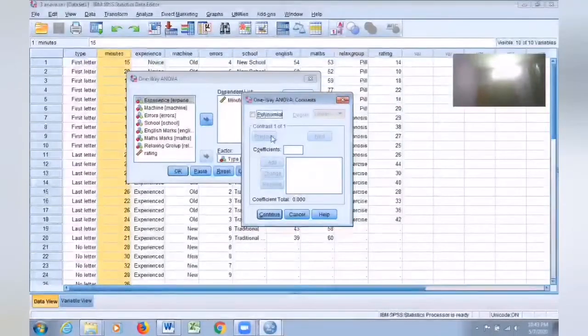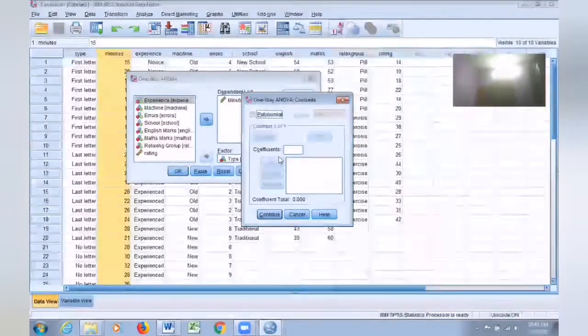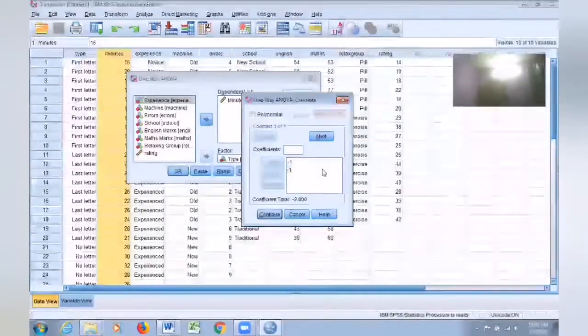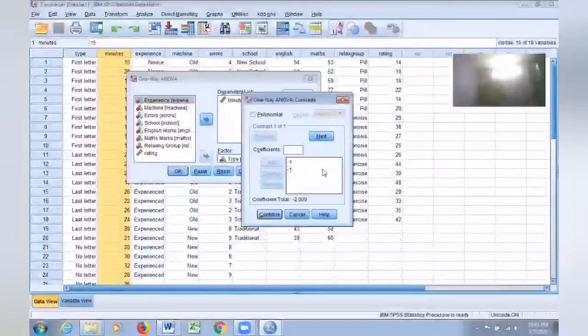To do so, I should create the coefficients. The coefficient total should always be equal to 0. That means that if you assign -1 and -1 to two groups, then you have to assign +2 for the second group so that the coefficient becomes 0. For example, I add -1 for the first group. I want to add minus in the second group. So the first and second groups will be combined into a single group.